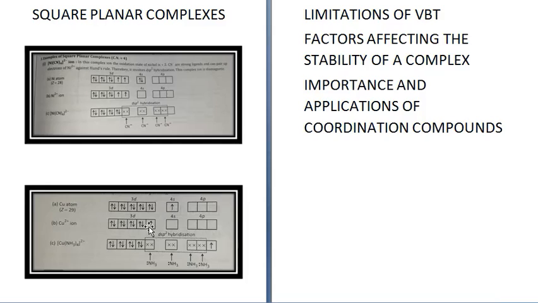So Cu2 plus contains 3d9, and 4s and 4p are also available for hybridization.